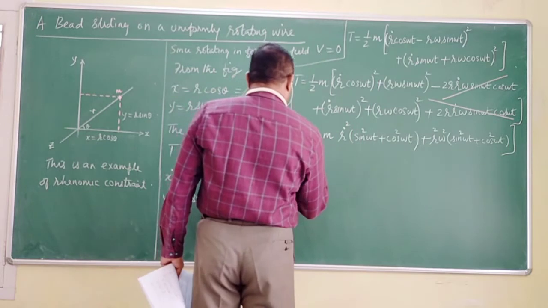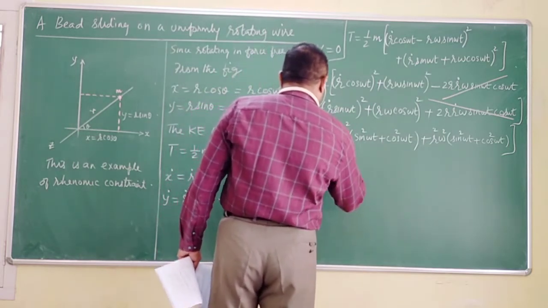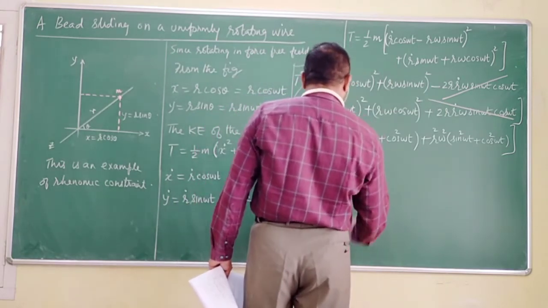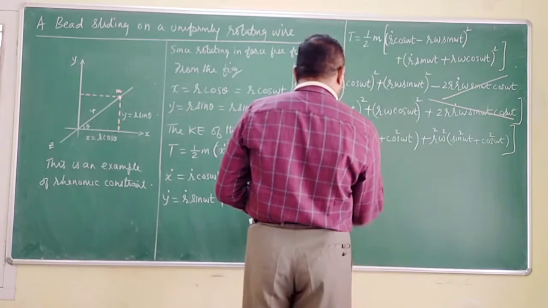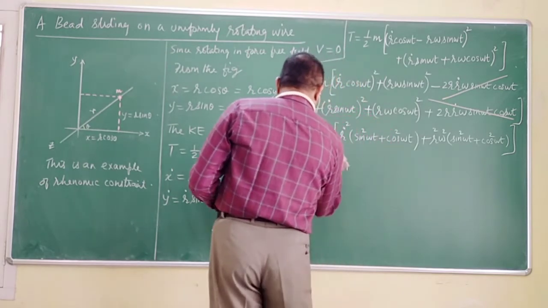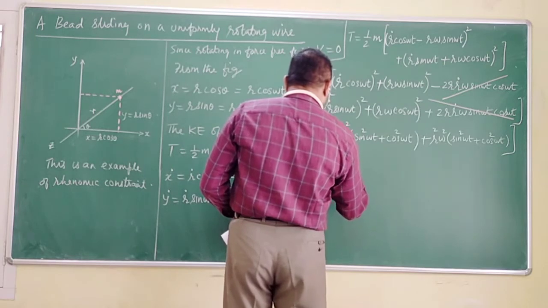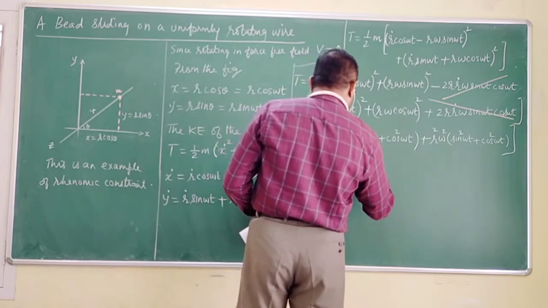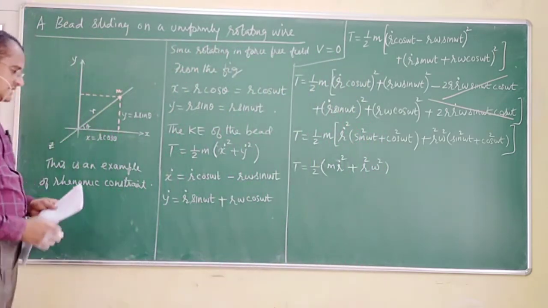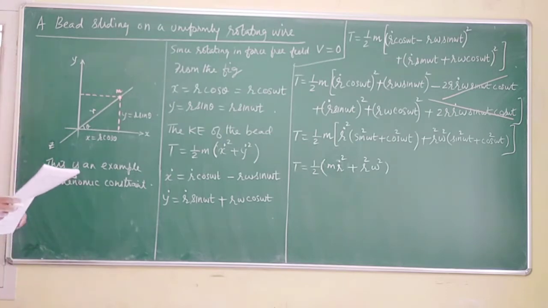So kinetic energy will reduce to 1 by 2 m, this must be in bracket, r dot squared plus r squared omega squared. That will be the expression for kinetic energy, sir. Is that okay to you?